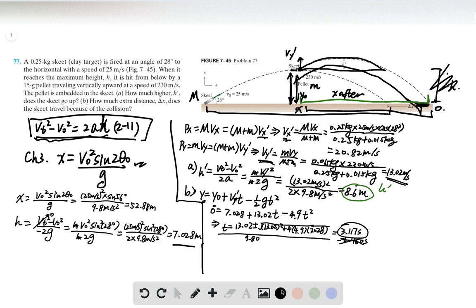So x after equals vx prime times t. And in the meantime, let me try to clean this up a little bit by getting rid of some of my drawings.